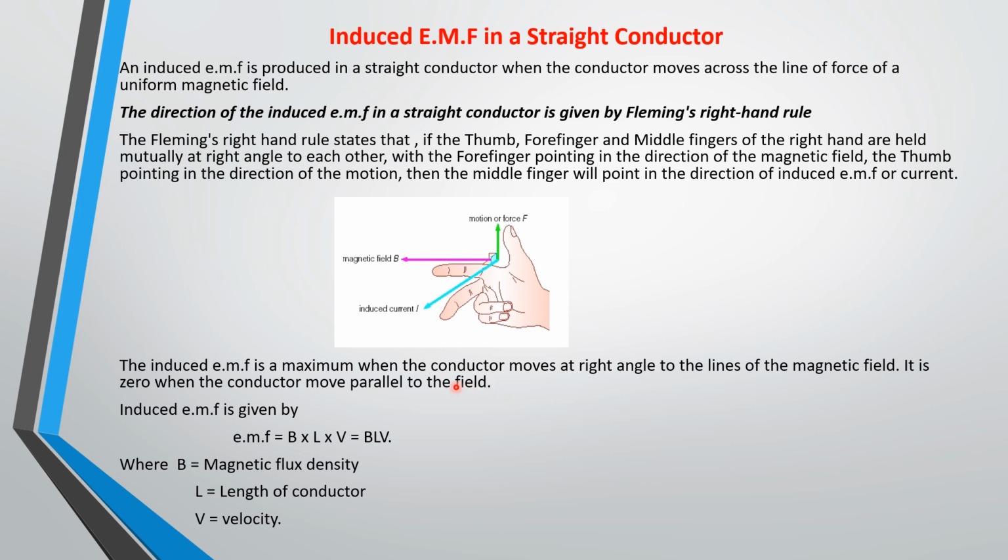So when the conductor moves at right angle to the magnetic field, the induced EMF is maximum, and induced EMF is given by this, where B is magnetic flux, L is length of conductor, and V is velocity of motion. So please take note of this equation and then take note of Fleming's right-hand rule.